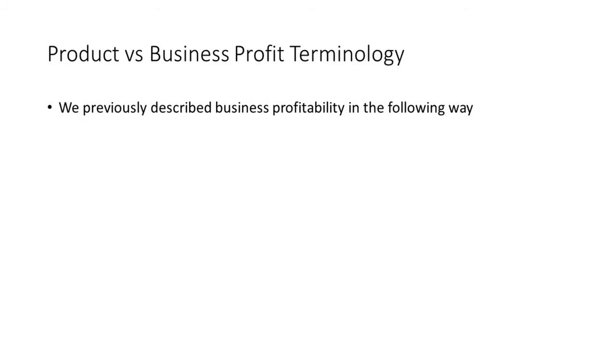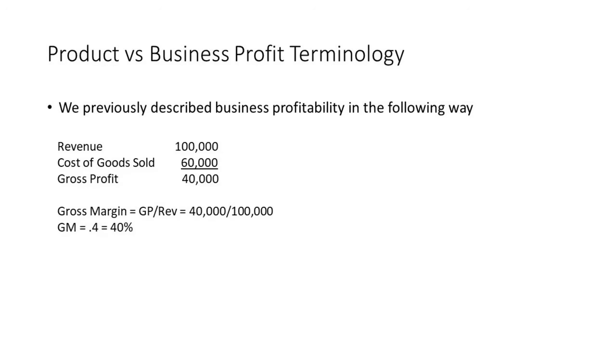Now, in a previous video, we've talked about what business profitability is in the following way. We talk about revenue, we talk about the cost of goods sold in order to produce that revenue, and then when we subtract that cost of goods sold from the revenue, we generate a gross profit for the business.